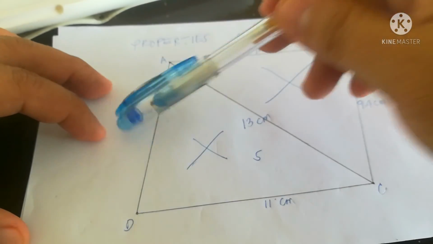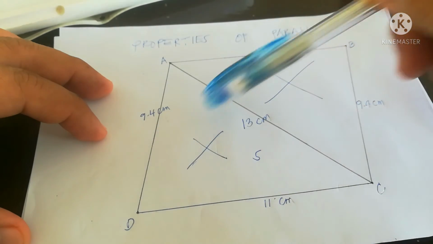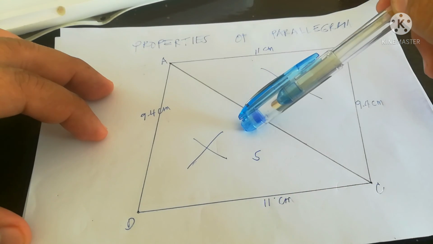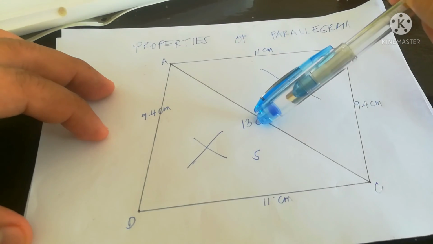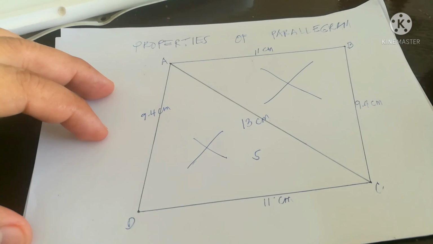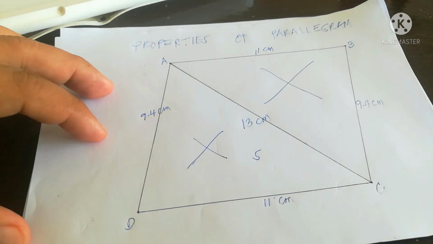So whatever the sides of this triangle are, they are also the measures of the sides of this triangle. So we can say that a diagonal of a parallelogram divides the parallelogram into two congruent triangles.